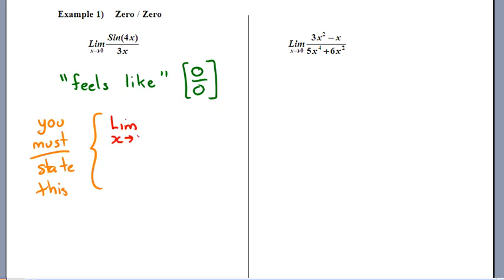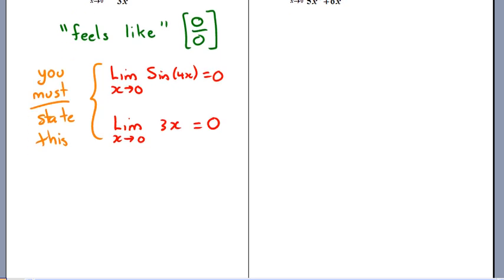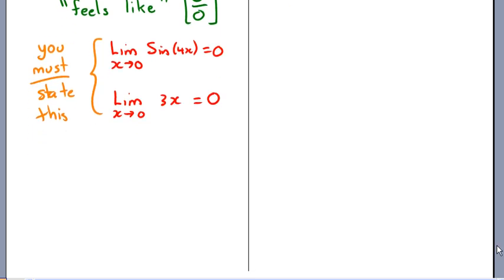The limit as x goes to 0 of just sine of 4x, that's heading to 0. And let me separately state this limit as x goes to 0 of 3x, that's also 0. That's required that you state that. You don't have to say, now I'm going to use L'Hopital's rule, but you do have to mention that you've seen both of those limits separately going to 0.